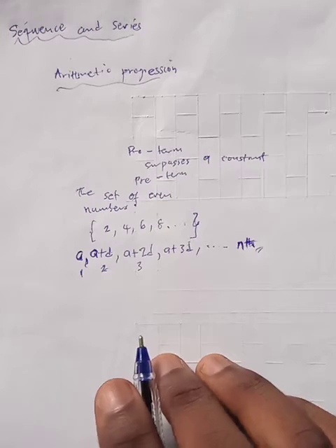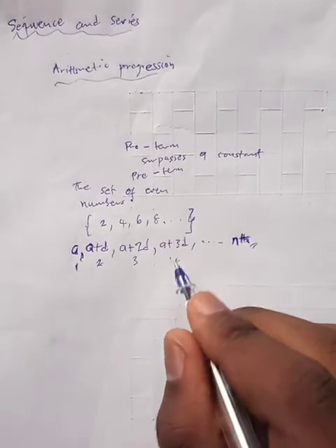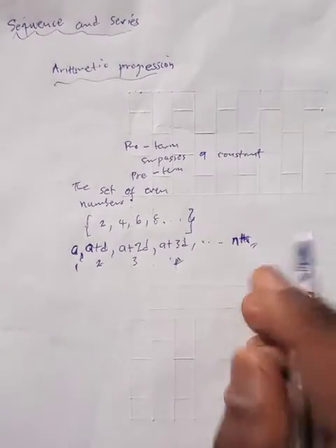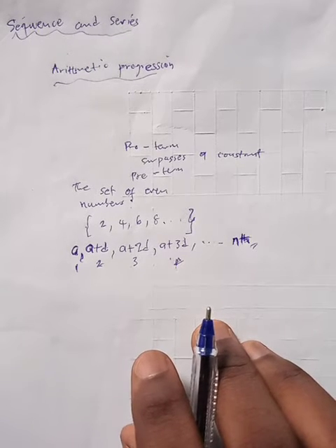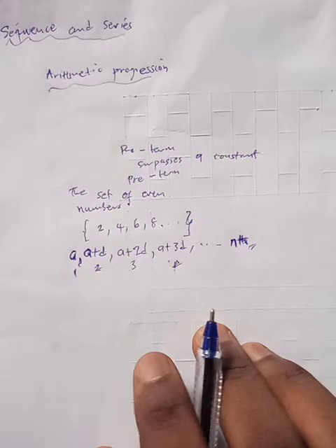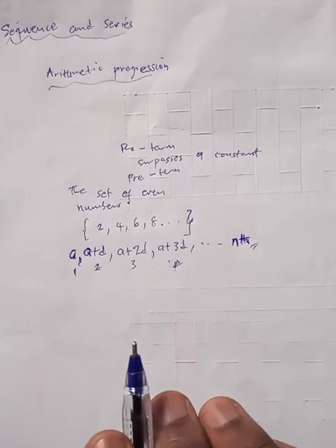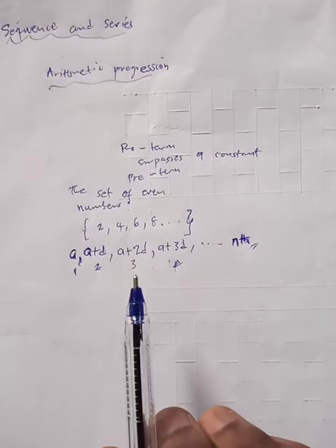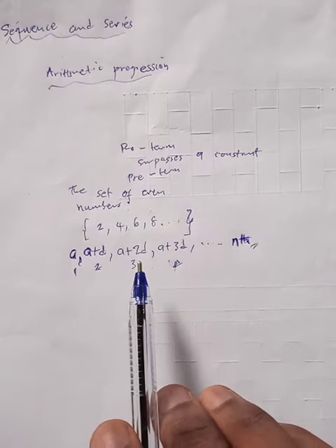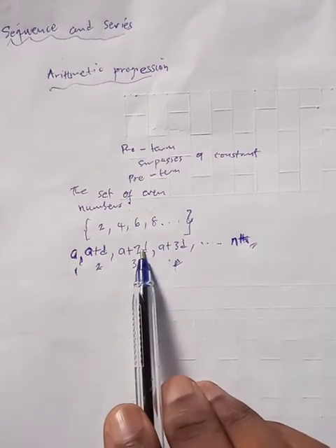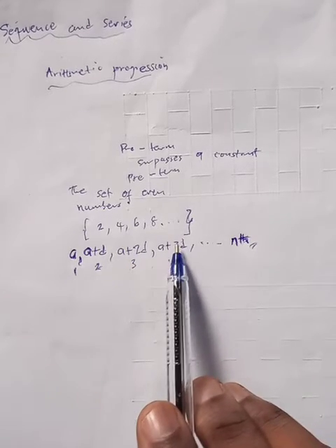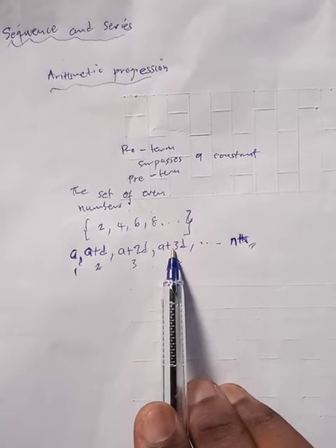Have you seen that, guys? Including this as the fourth term in that order to the nth term. So what will we do to get this particular formula? Looking at it critically and thinking very well, we can see that this is multiplying by 1, this is multiplying by 2, this is multiplying by 3.